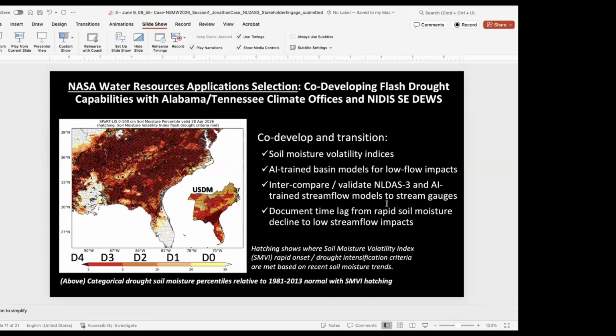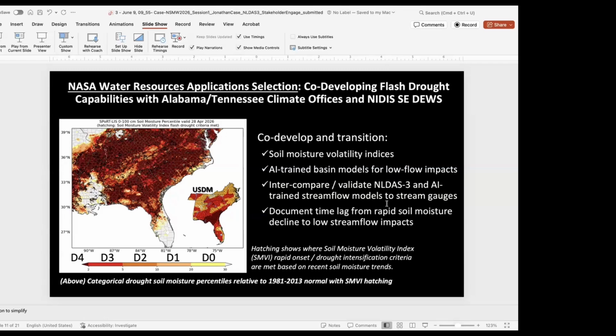This is a NASA Water Resources Applications project, where in the Southeast DEWS region of NIDIS, we're going to be looking at soil moisture volatility indices to try to get a better lead time on rapid soil moisture declines that lead to flash drought events.